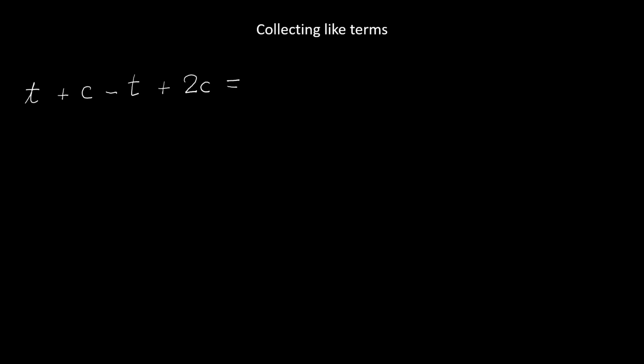I've got a T over here on the left. Collecting like terms, the T's are alike. So I've got 1 T, and I subtract a T. That's going to give me 0 T's, and I don't have to write down that because I've got none of them. Then let's collect like terms on the C's. I've got 1C, and I've got plus another 2C, giving me 3C.